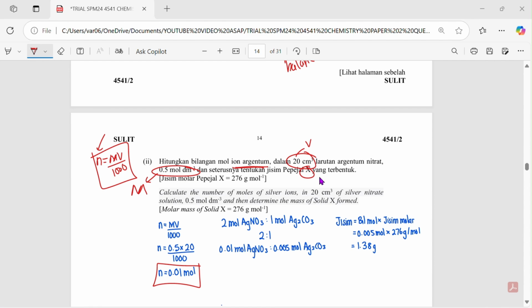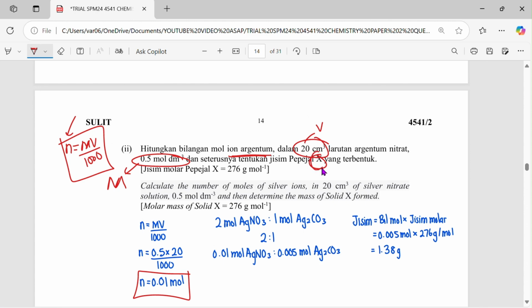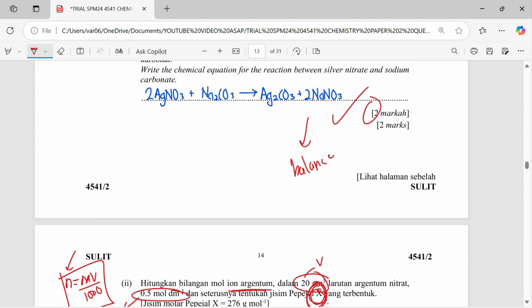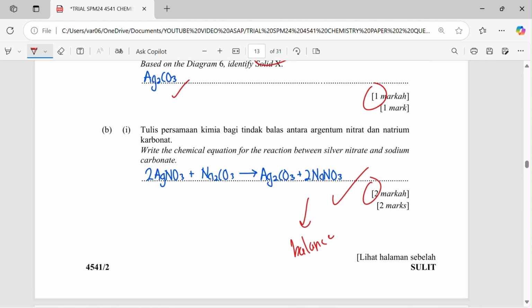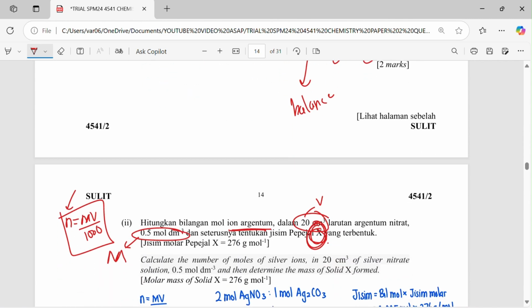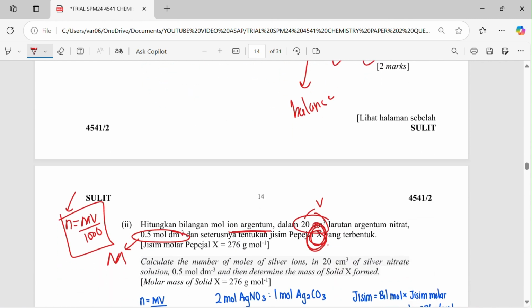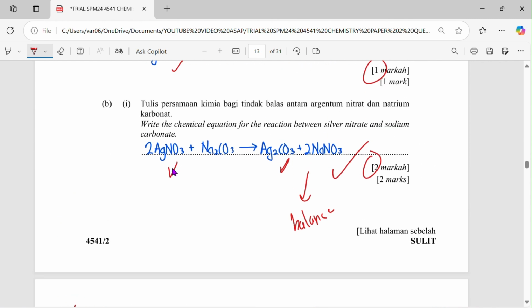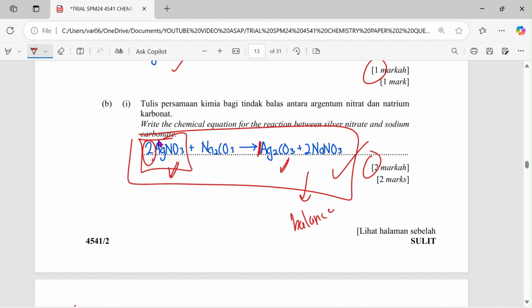Okay. So since they are asking for pepejal X, you do the ratio system lah. Where they are asking for pepejal X, which is this. And you already have ion argentum dalam larutan argentum. You have this. So based on your equation here, you can see 2 to 1, correct? That means 2 argentum nitrate can produce 1 argentum carbonate.